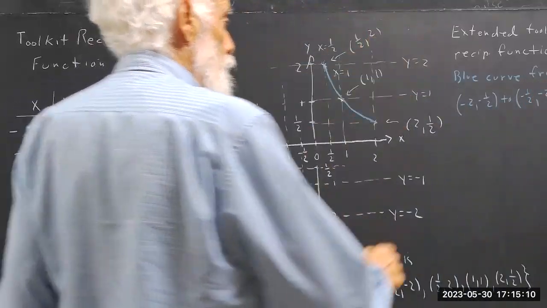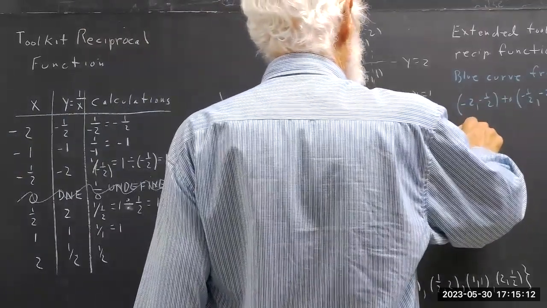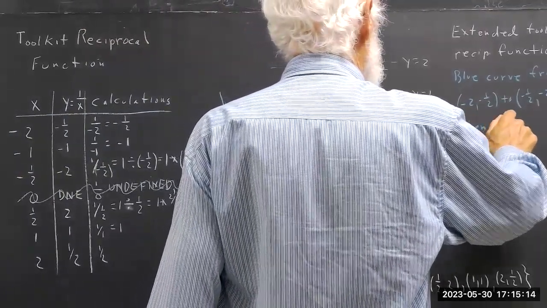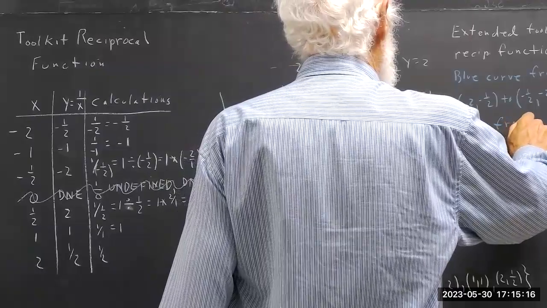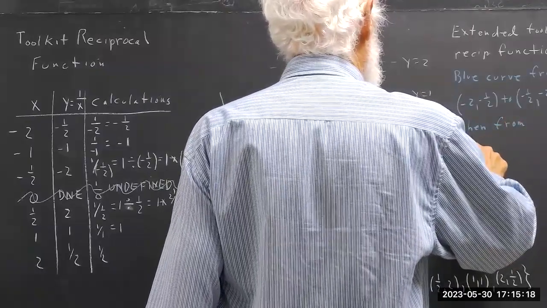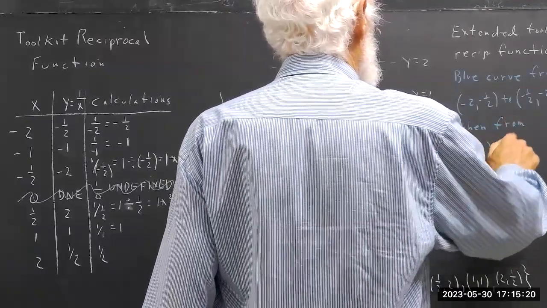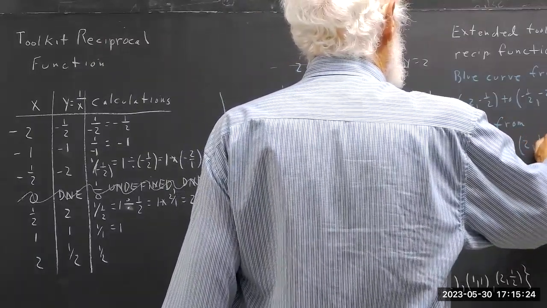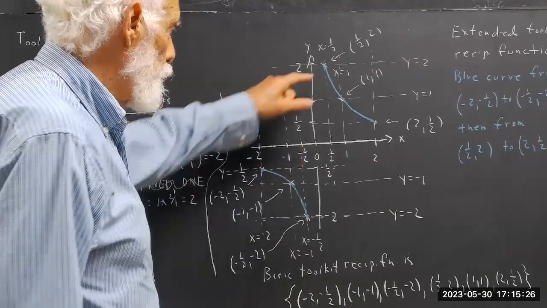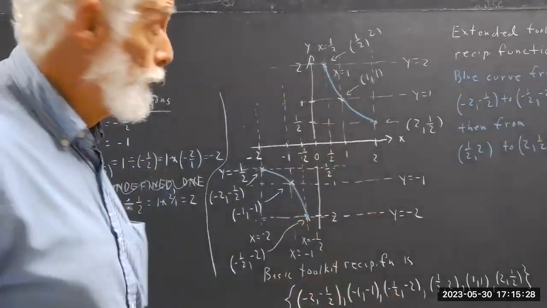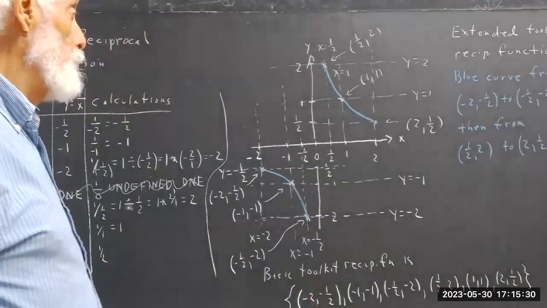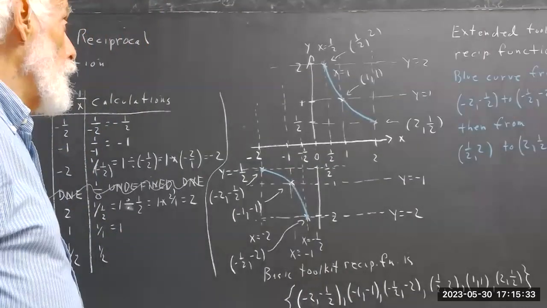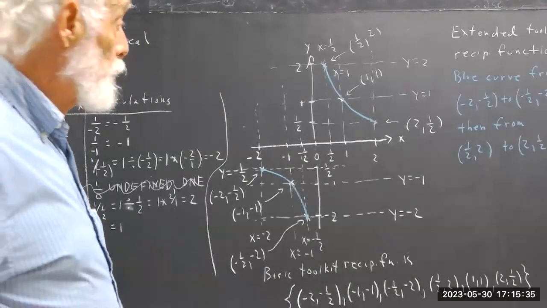Okay, stops there. Then from 1/2 to 1/2. This curve and this curve, nothing else. That's it. Now there's the complete toolkit reciprocal function.